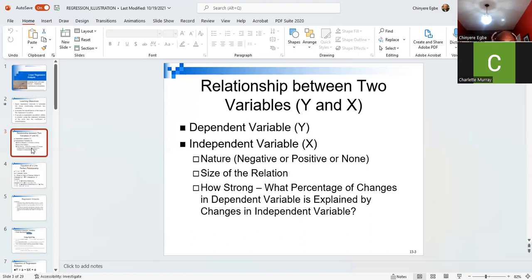So there are 2 variables here, wage, years of experience, all right? The price of a house is a variable, and then the size of the house is another variable, okay? So now we are looking at 2 variables, the price of a house, the size of the house, okay?